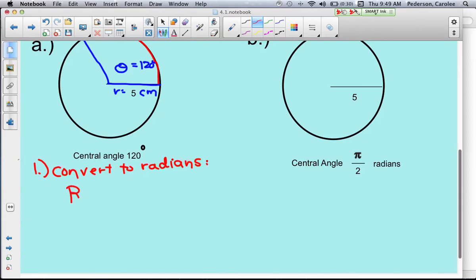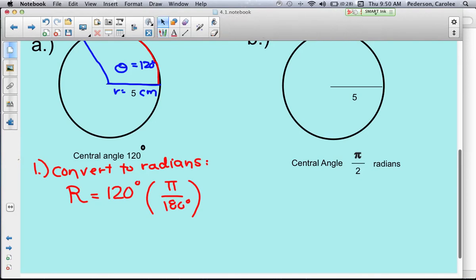So to find the radian measure, that formula is 120 degrees is our given angle. And then what's going to go in that fraction? Pi over 180 degrees. So then what will cancel? The degrees. And then I can try and reduce the fraction down.